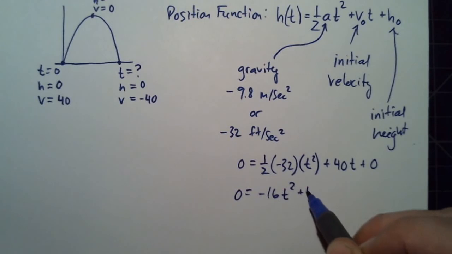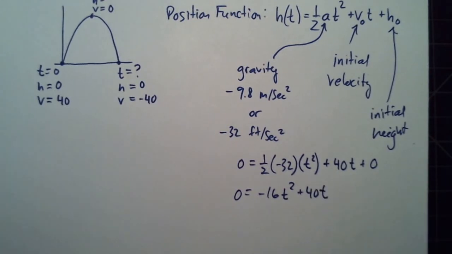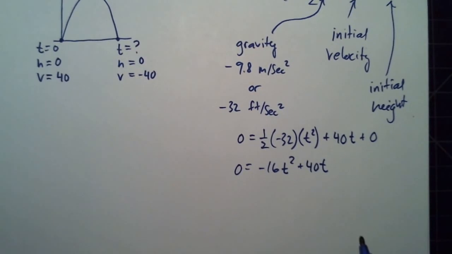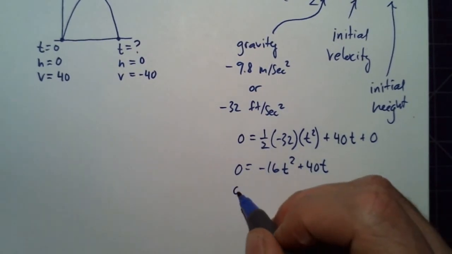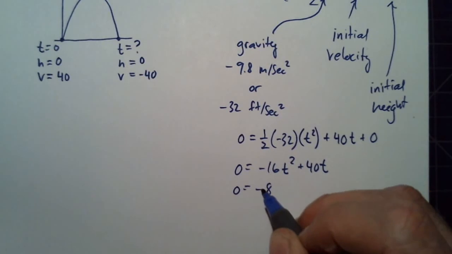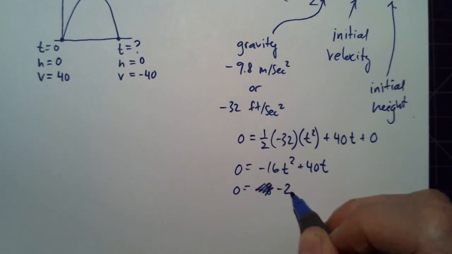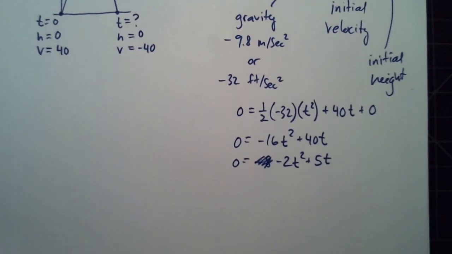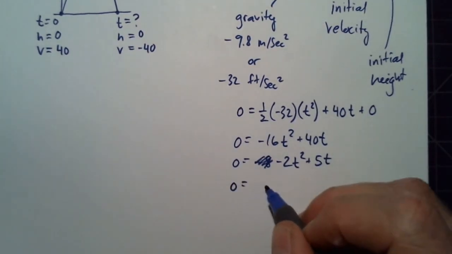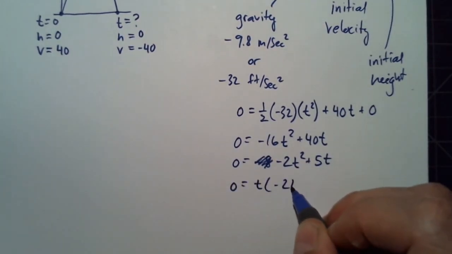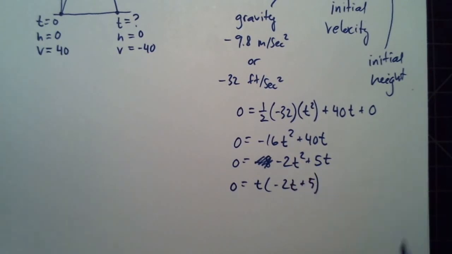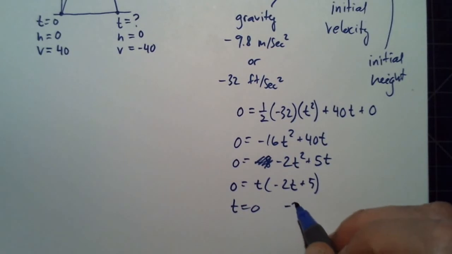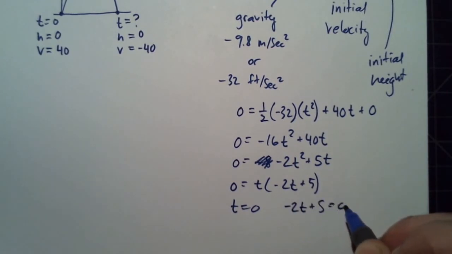-16t squared plus 40t. And we can divide by 8. We can factor. And we get t equals 0, -2t plus 5 equals 0.